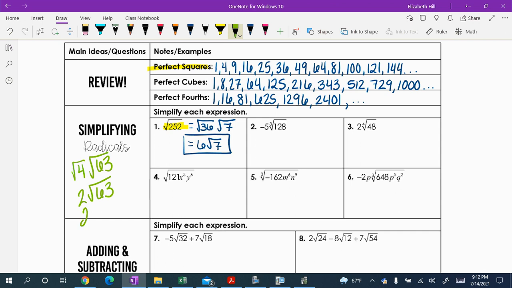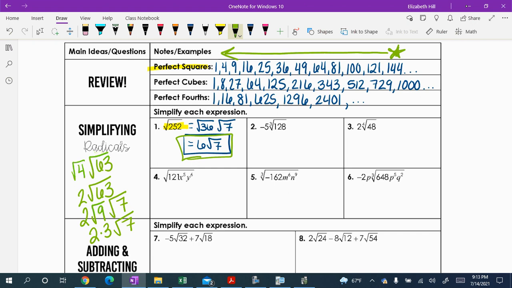So now you've got 2 times the square root of 9 times the square root of 7. The square root of 9 is 3, so 2 times 3 times the square root of 7. Well, we get the 6 square roots of 7 that we started with. If you're doing the guess and check method, start at the bigger values and work your way down. See if any of those are divisible to begin with.